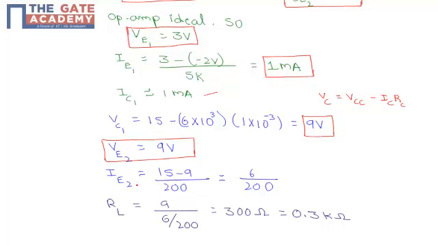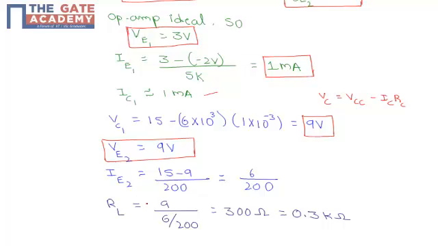Like this, find the emitter current for transistor 2. It will be equal to 15 minus 9 divided by 200, where 200 is the resistance. If you calculate this, we get 6 divided by 200.